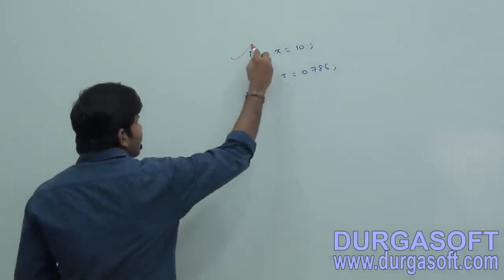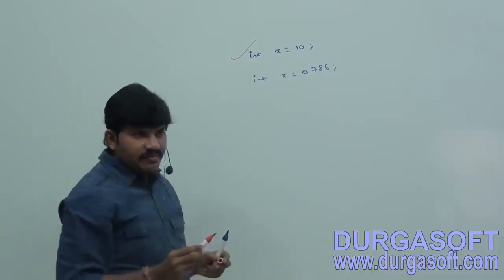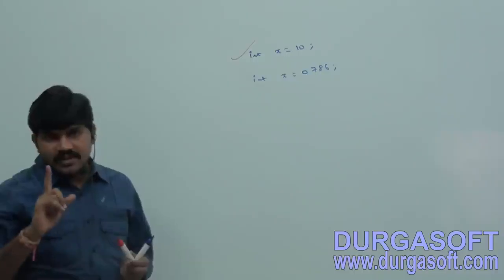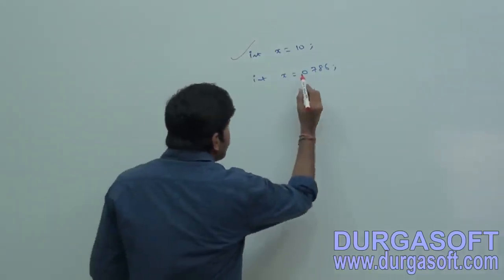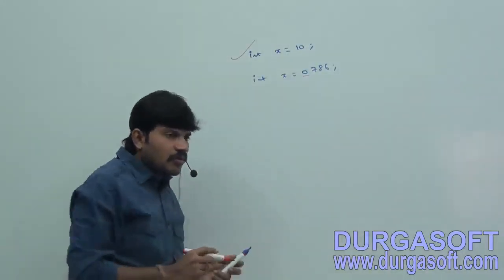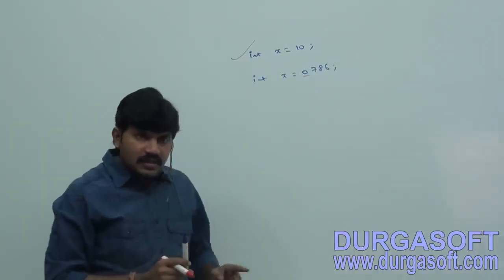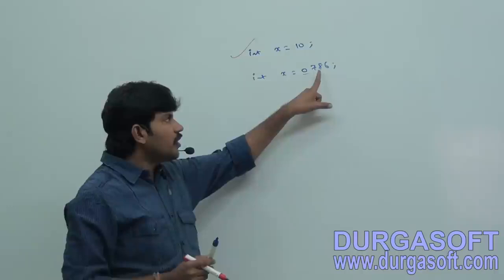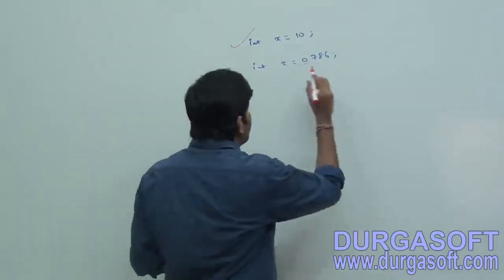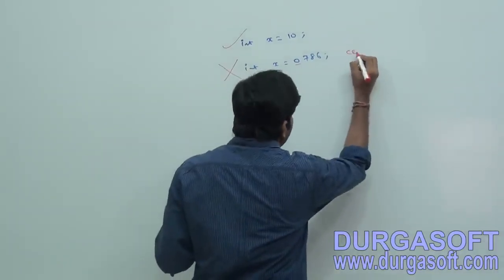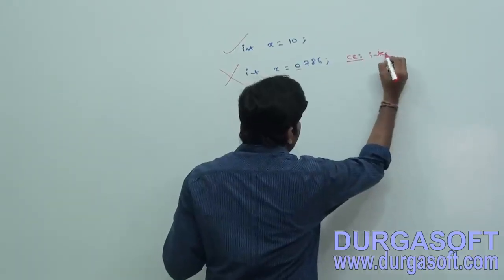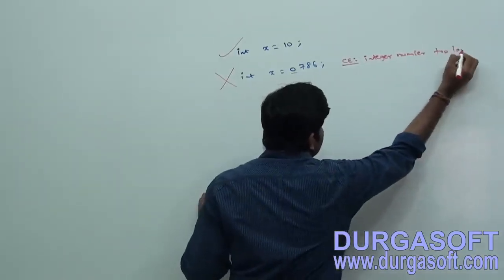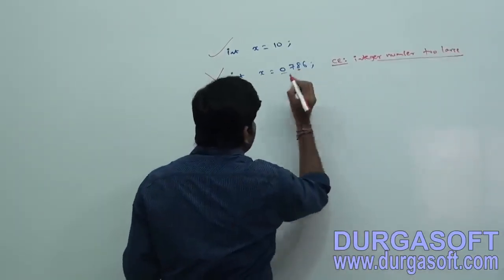Make sure the compiler will give an error. What is the reason? You know, if a number starts with 0, what does it mean? Octal. Octal means allowed digits are 0 to 7. How can you use 8? Immediately we are going to get a compile time error saying integer number too large.